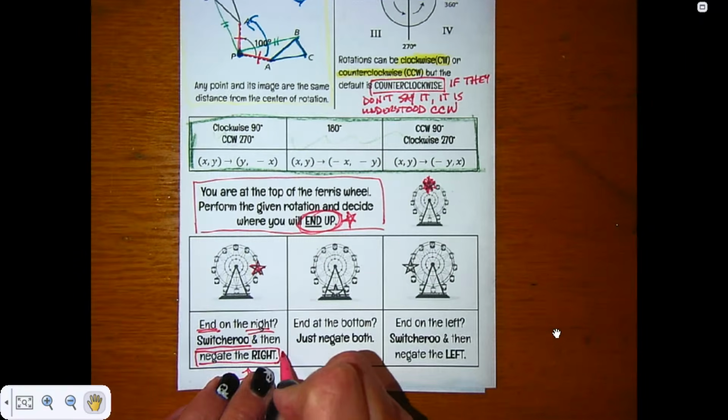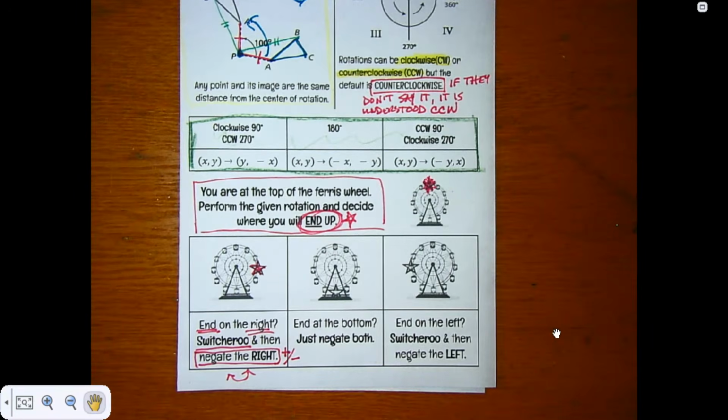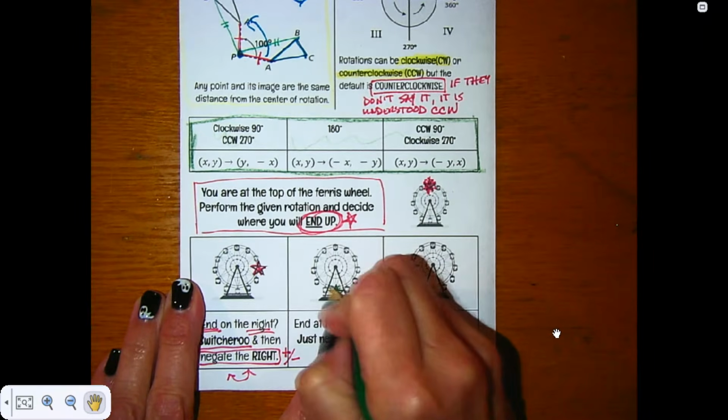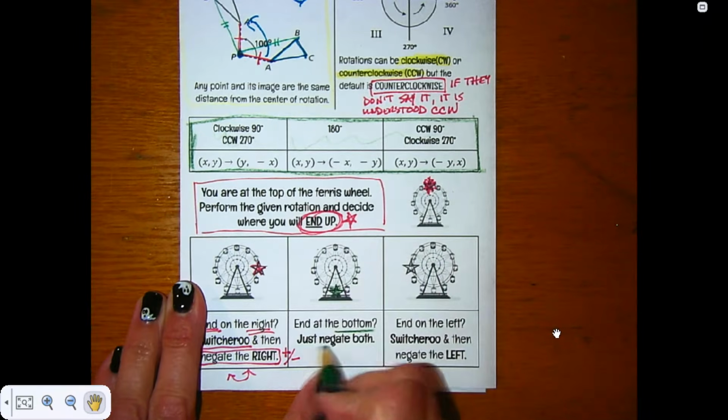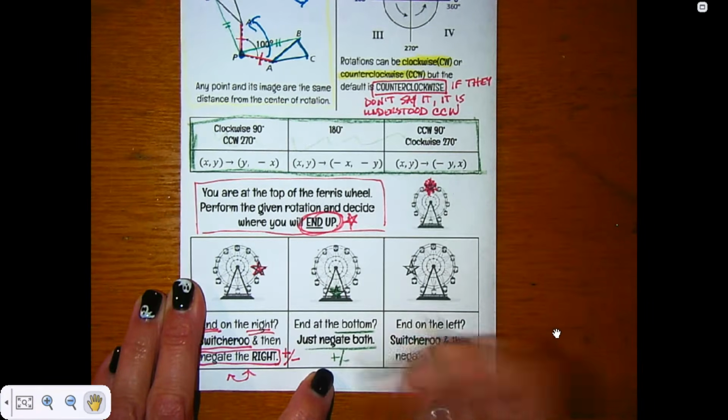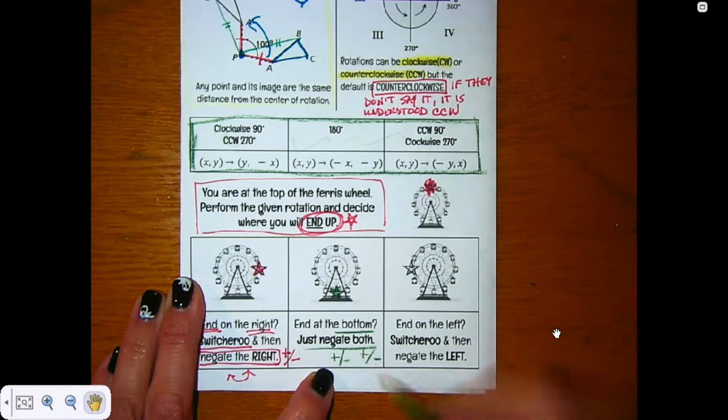Negate means I'm going to change it from plus to minus or minus to plus. If I were to end at the bottom, I'm just going to negate both. So that means I'm going to change the plus to a minus of the first one and change the plus to a minus, or vice versa. Because if it was a negative, I'm going to change it to a positive. If it was a positive, I'm going to change it to a negative.